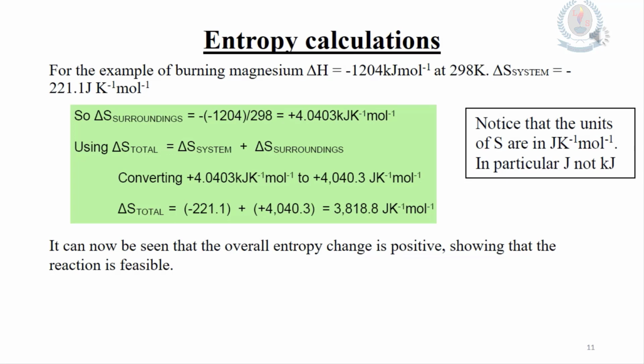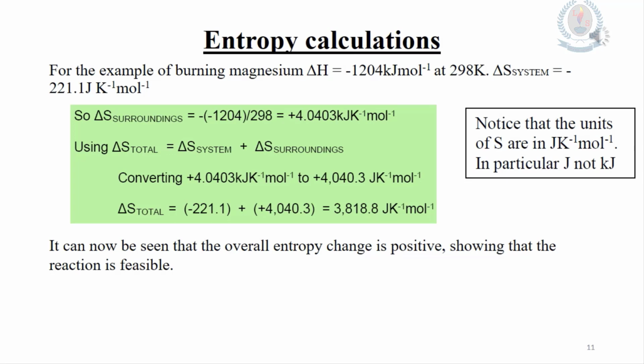Now we have to find out delta S total. How can we find out delta S total? As we know, delta S total equals delta S system plus delta S surrounding. Already they are giving delta S system. Then how can we find delta S surrounding? As we know, delta S surrounding equals minus delta H over T. Here they are giving the delta H value and they are giving the temperature.